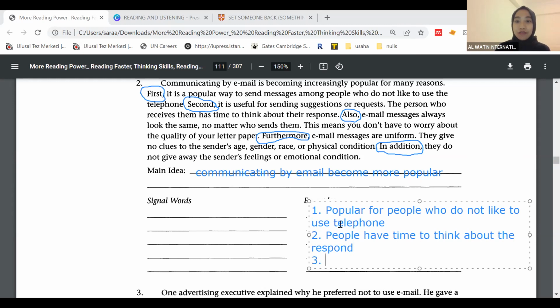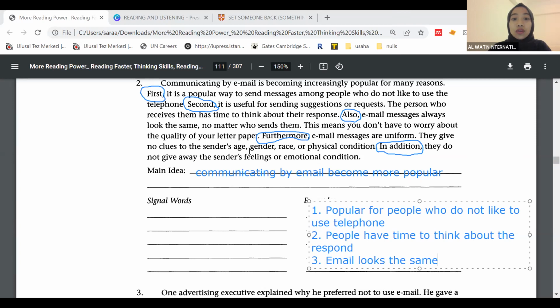Third list, after the third signal word: also, email messages always look the same. Okay, email looks the same. They are uniform. So yes. Furthermore, email messages are uniform.